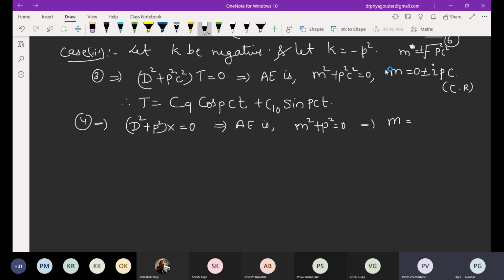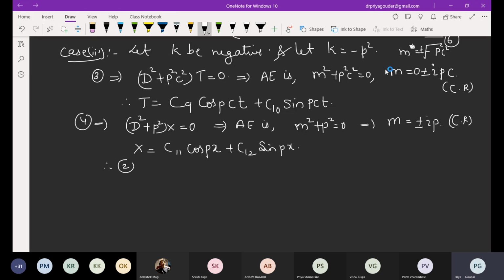Plus or minus iP, very good. These are the complex roots. How to write capital X in terms of small x? C11 cos of Px plus C12 sine of Px.